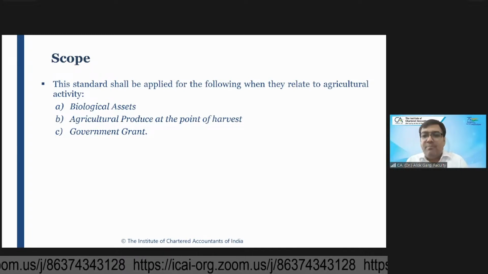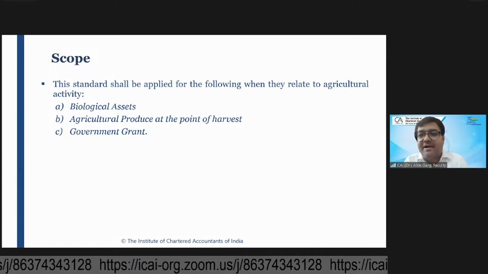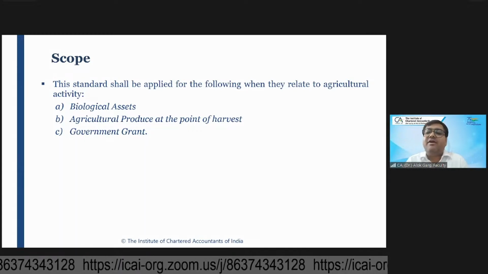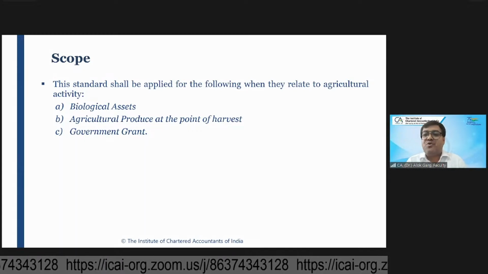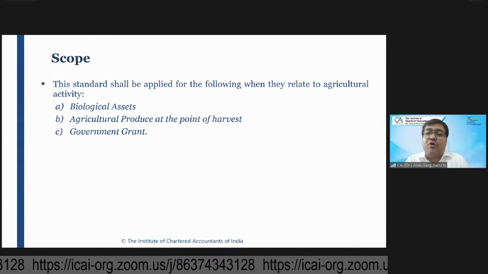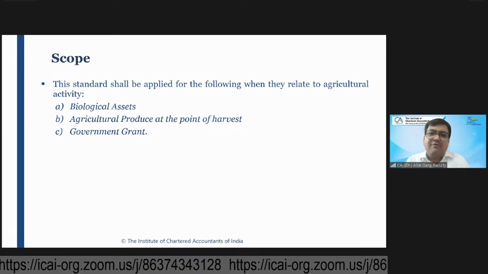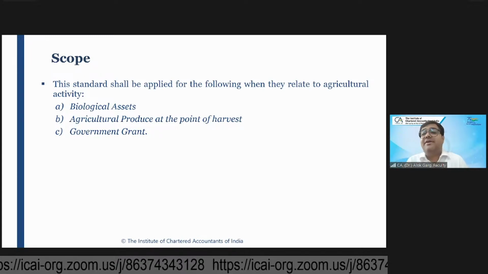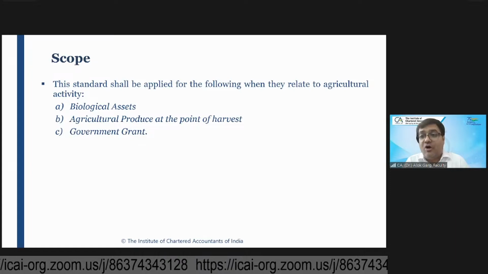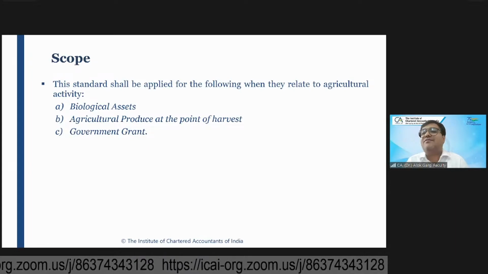These are known as bearer plants, and they are covered under Ind AS 16, property, plant and equipment. Non-bearer plants like potato, tomato, cauliflower, radish, flower plants are covered under biological asset, which is covered under Ind AS 41.